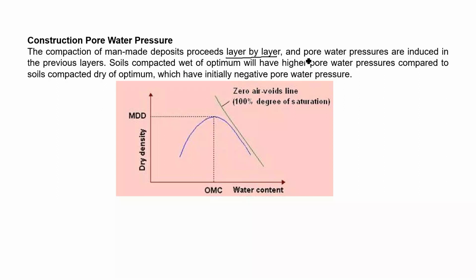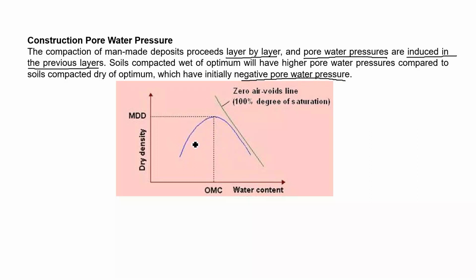In such a situation, pore water pressures are induced in the previous layers, and due to deficiency of water in the dry side of the optimum, initially a suction condition is generated which results in negative pore water pressure.